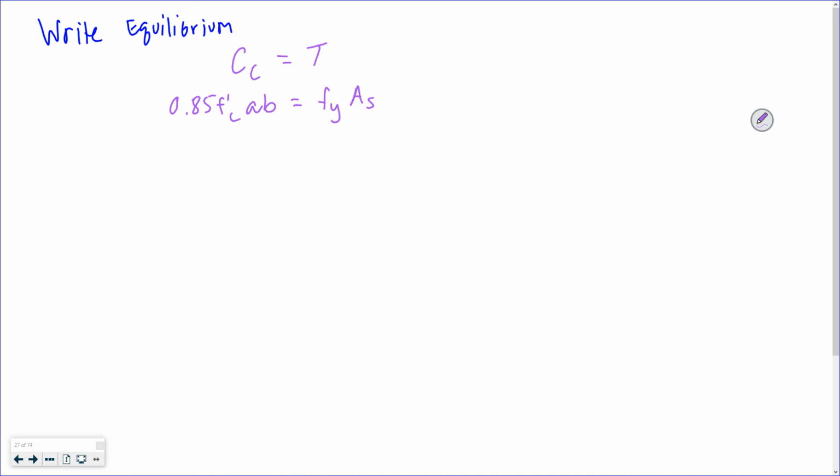Now solve for A because it's the only thing I don't know. So A is my tension force in my steel, AsFy, divided by 0.85 F prime C B.